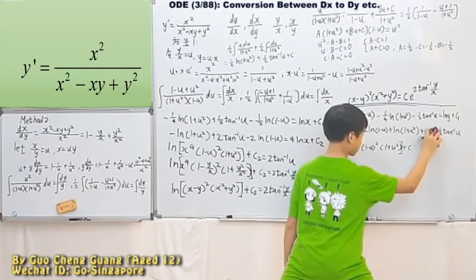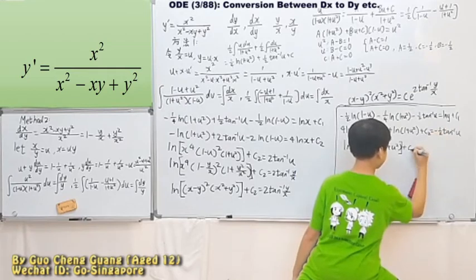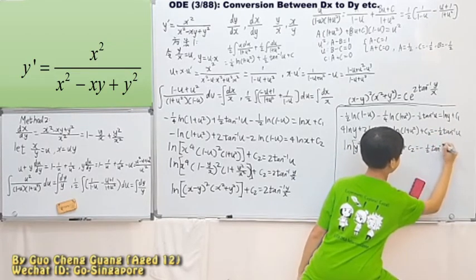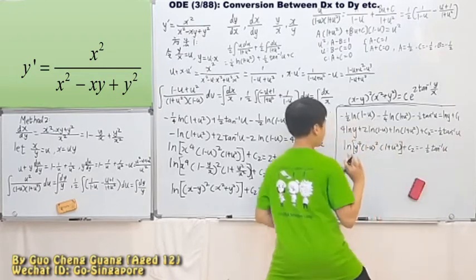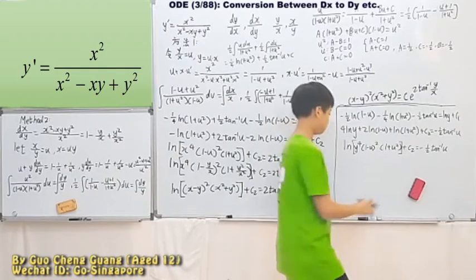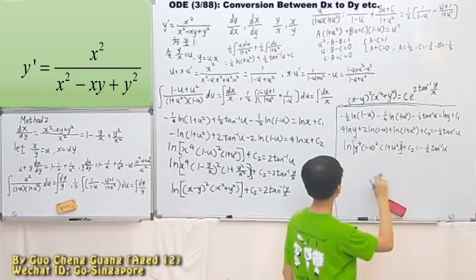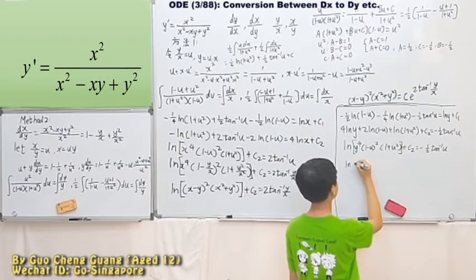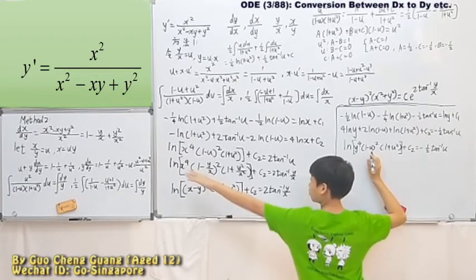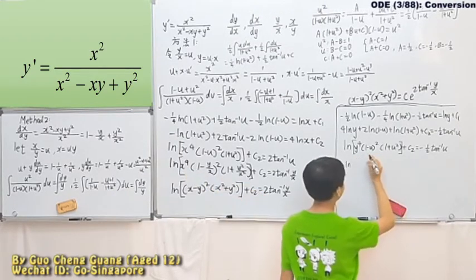Wait, here this constant changes. Then on both sides, you can subtract this u. But this u, from what we have written there, is x over y.